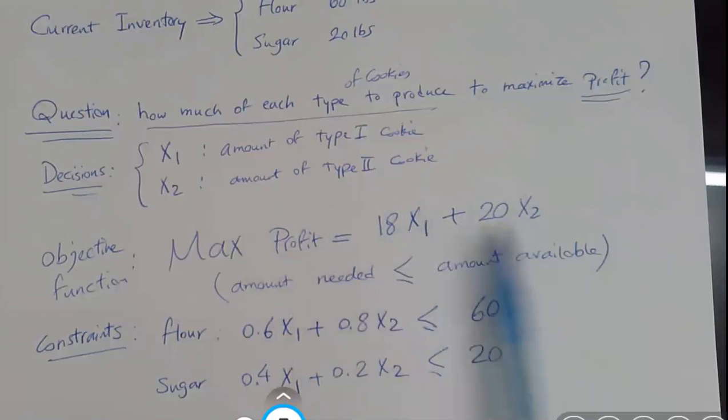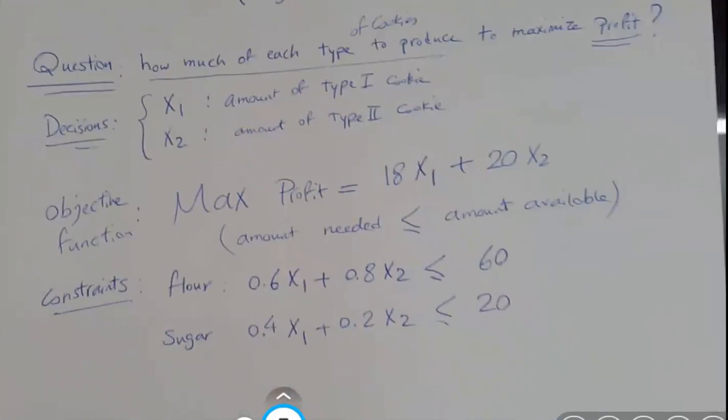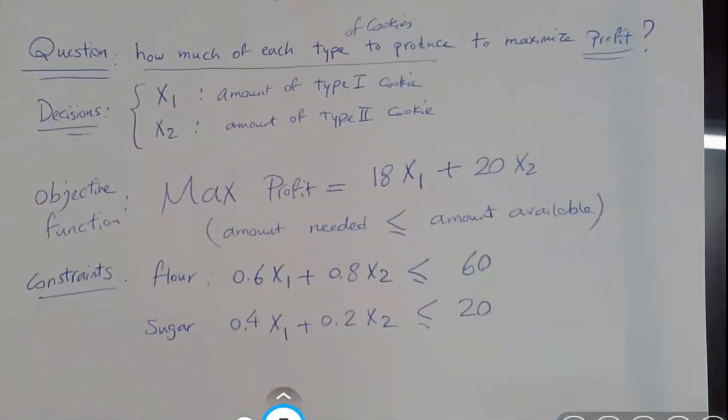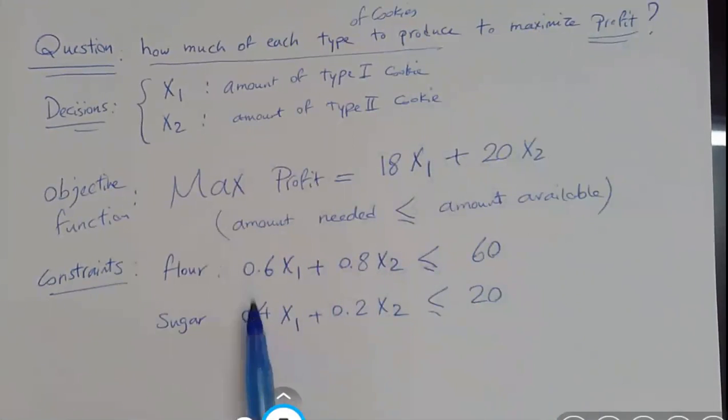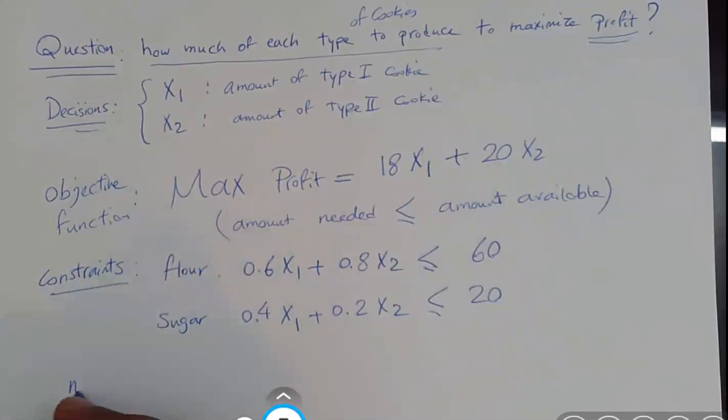You just change X1 and X2, and it tells you how much profit you're gonna make. But in order for X1 and X2 to be feasible, to be possible to implement, they should satisfy both of these constraints. One last thing is called non-negativity.